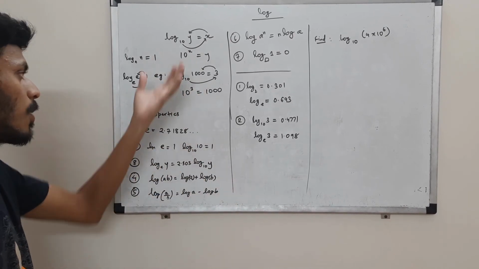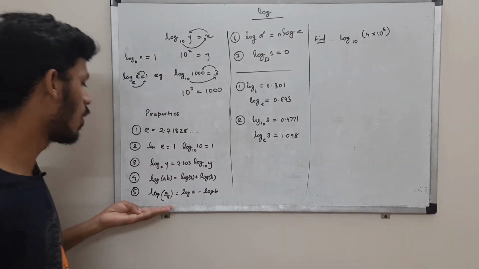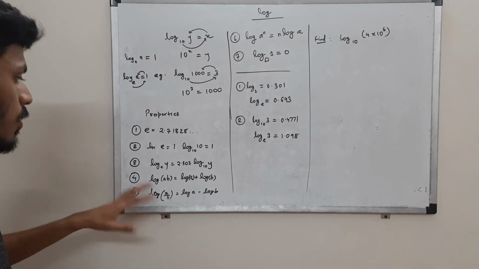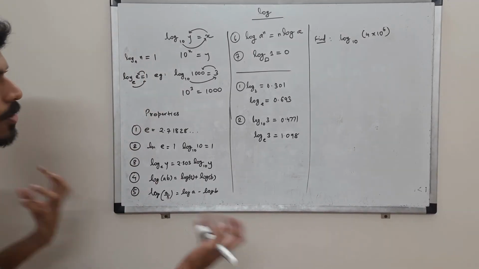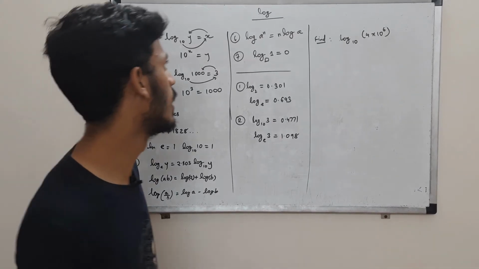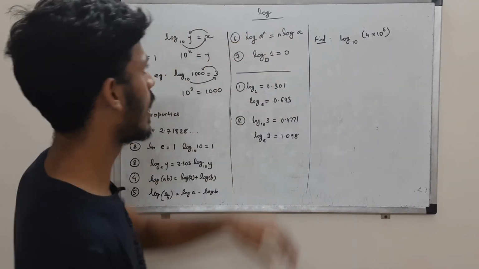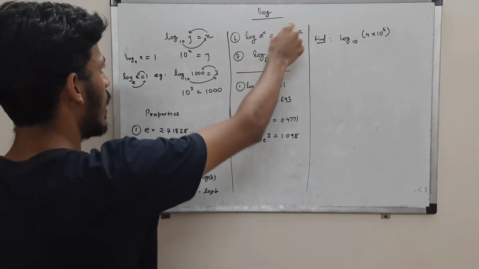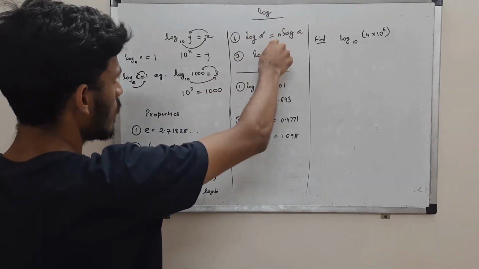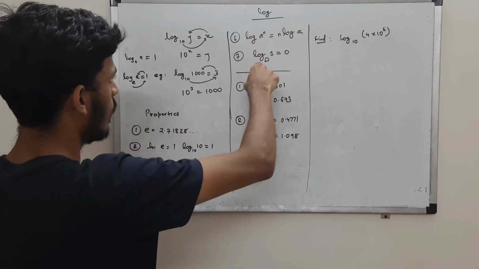Then log of a upon b is log of a minus log of b. In multiplication you add the two logs. Then log of a to the power n, this property is very famous: you can bring down that n.